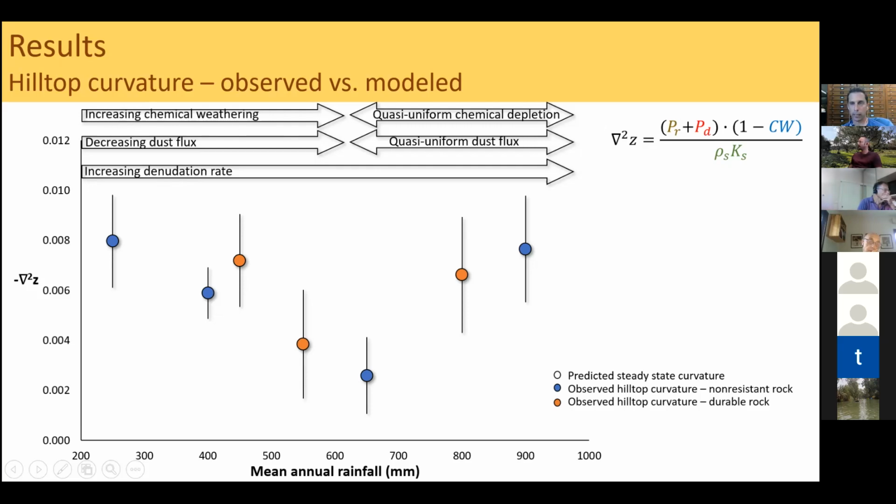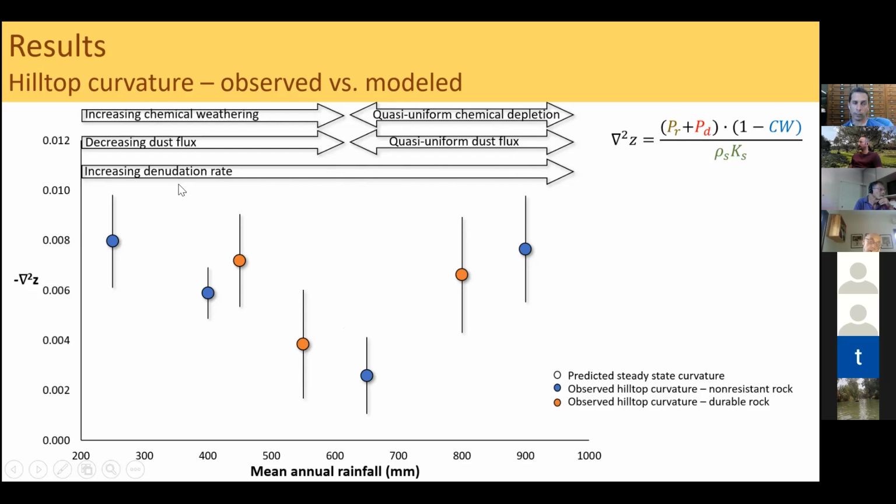There's a minus before chemical weathering, so as expected, it will decrease curvature. Also, we know we have a strong decrease in dust fall. So also, since it's in the equation, a decrease in dust flux, we expect to decrease curvature.